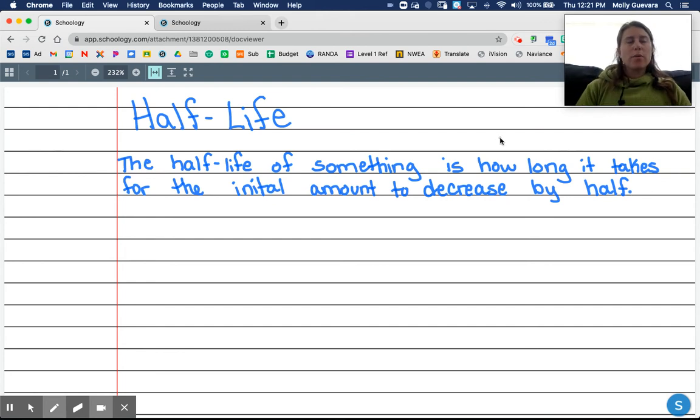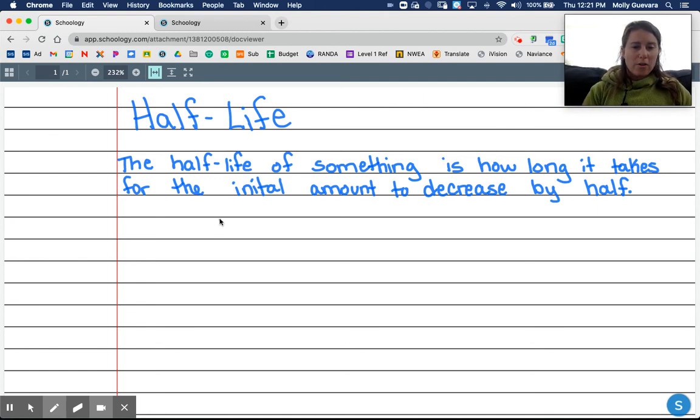So if I start with 400 animals, like in that last problem, how long will it take until there's only 200 animals left? However many years that is, that is the half-life.